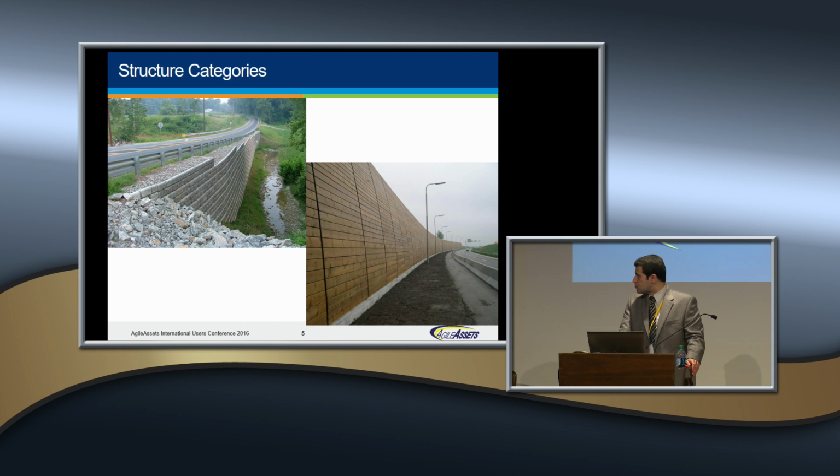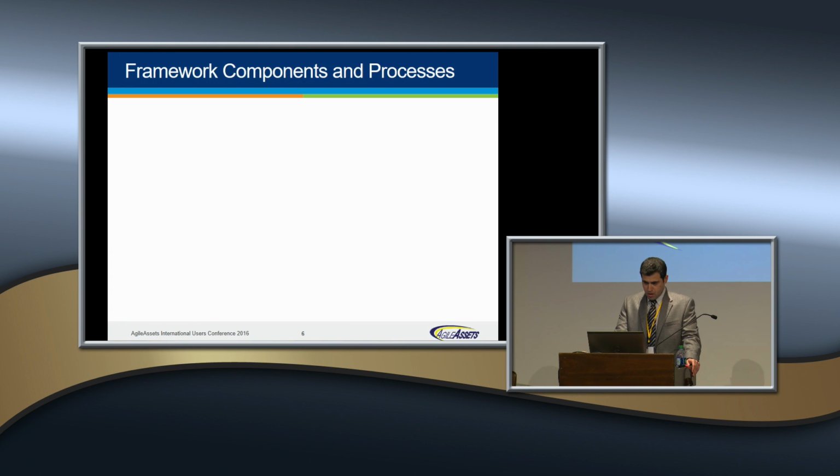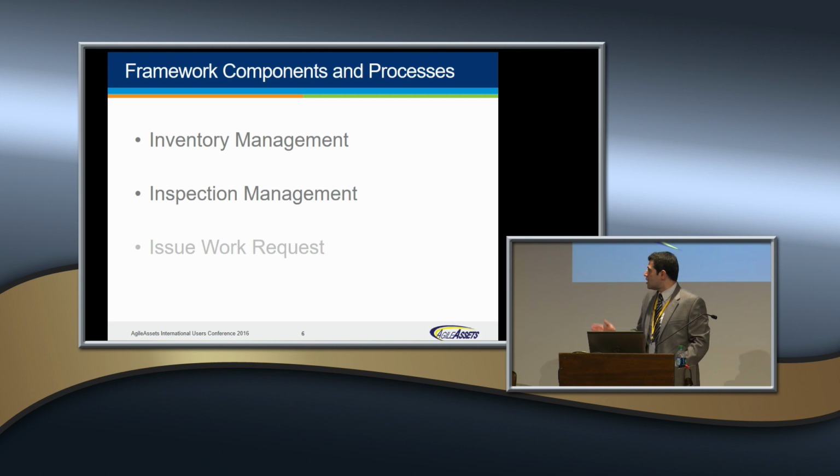So, as I said, to respond to this need, we needed to create a new framework. We couldn't simply trim down or tweak the old framework and use it for a different purpose. This new framework needs to support three major processes: inventory management, inspection management, and the work request process and management.